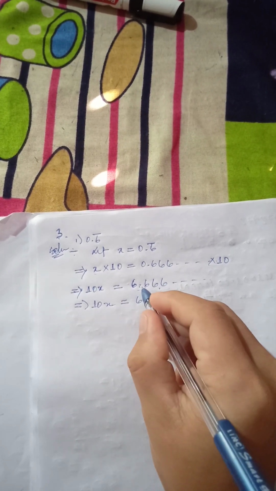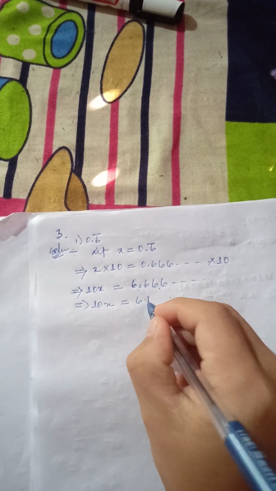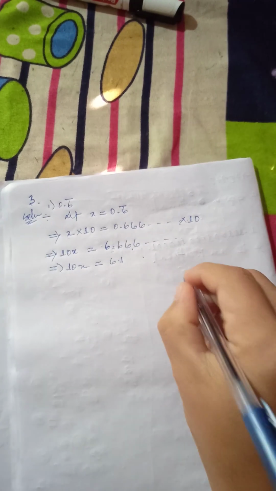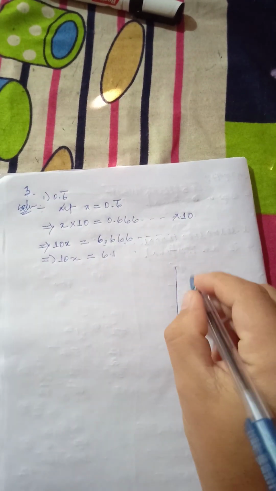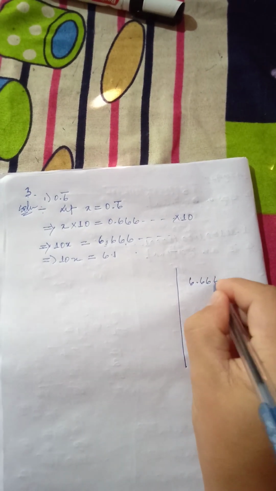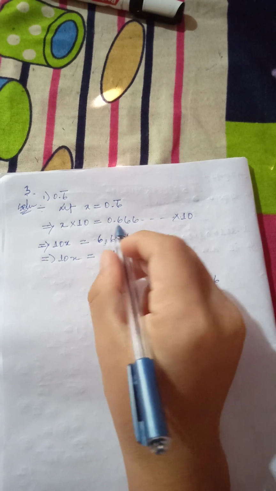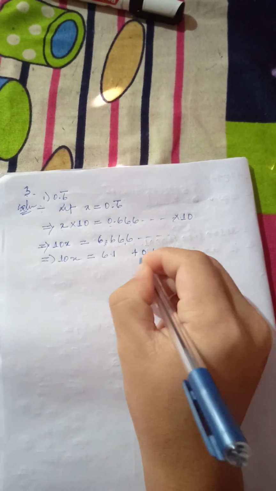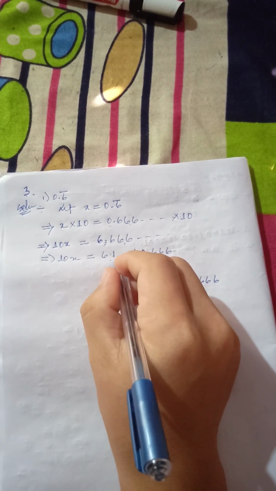Here we have to break this number into an addition of terms. In order to do this, here is one technique. Let us take 6.666 and subtract this number, that is 0.666. You have to write it like this, and then find what number should be placed here.